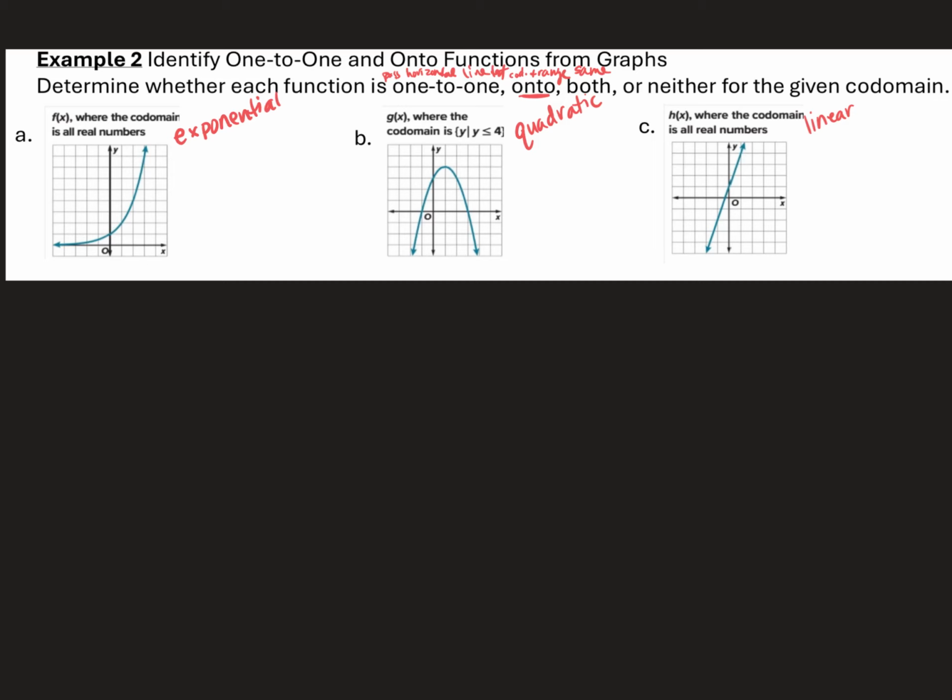Does letter A pass the horizontal line test? Let me grab my pointer here. If you drew a horizontal line, would it pass through only one point on the blue part of the graph? Yes. So letter A is one-to-one. Letter B, is it one-to-one?